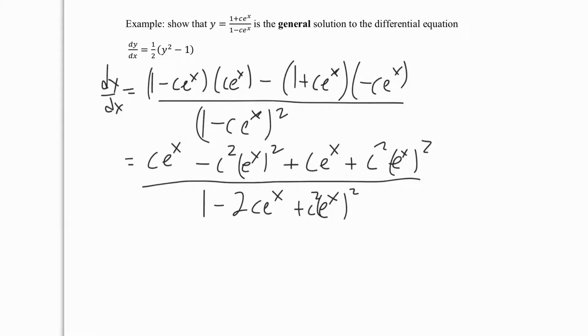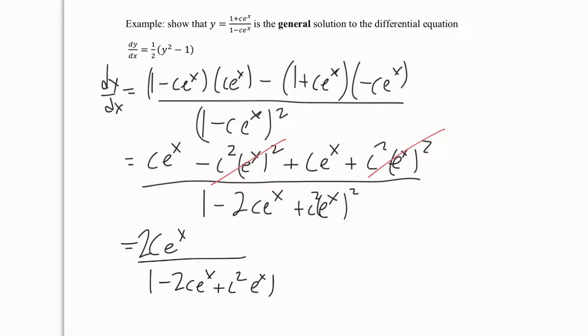Now we have a little simplification here. This will cancel with this. And that will give us the following: 2c e to the x all over (1 minus 2c e to the x plus c squared e to the x) all squared.